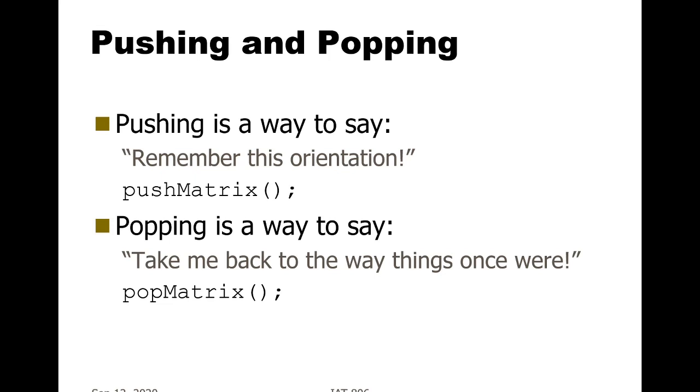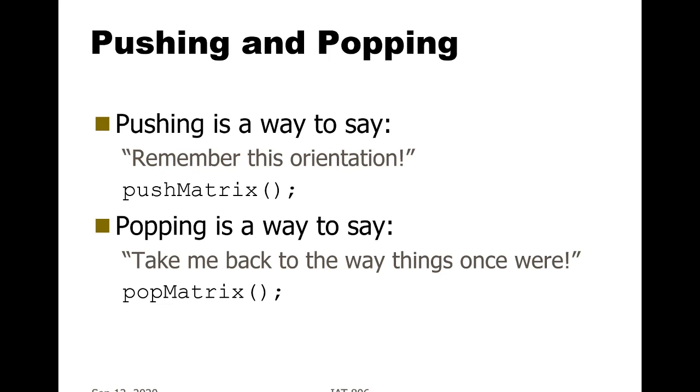The reason why it's matrix is that all transformations are represented in 2D by a 3x3 matrix of numbers that embody transformation, rotation, scale, and other geometric operations. We're not going to show any of the details of what those matrices look like. Just trust us, there's a matrix in the back room representing transformations. So pushMatrix says, take the current state and remember it.